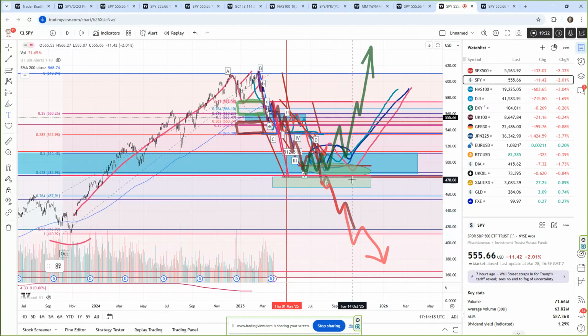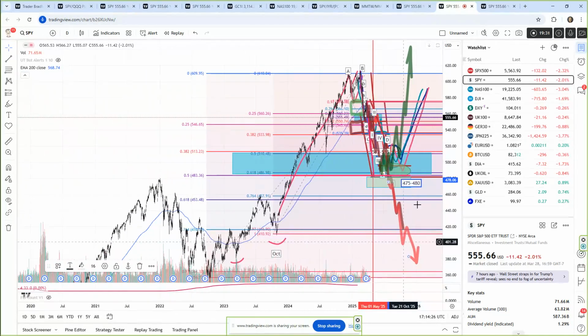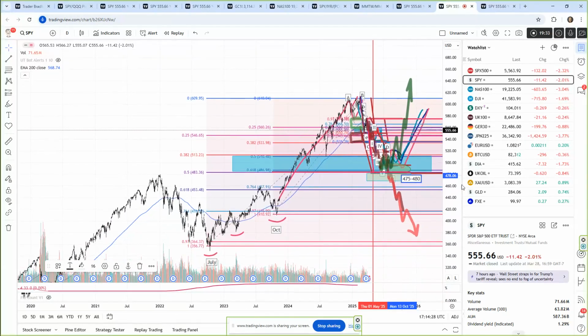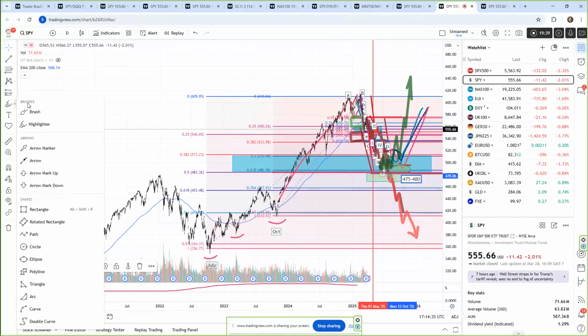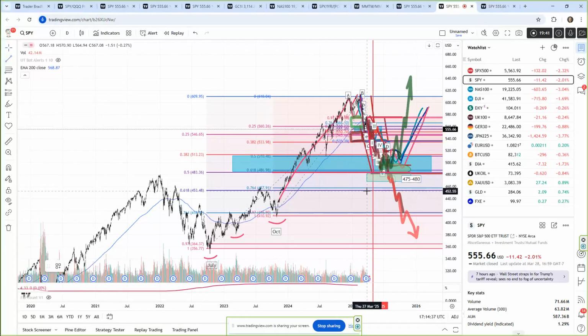So below 475, 480, we have a very solid downside risk. And then what we would be doing, guys, is we would be looking to try to move down into this area, this 618 area, which is 453 right here.